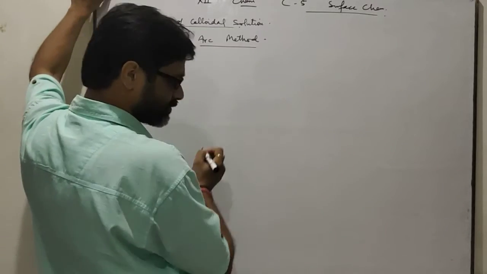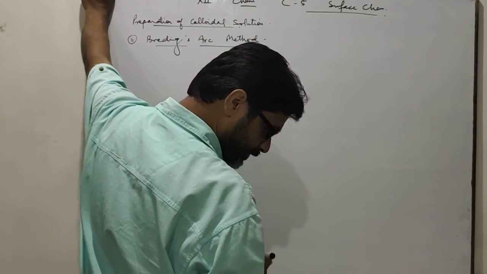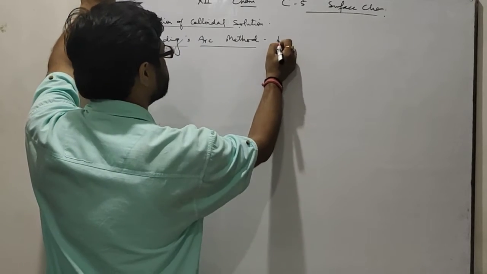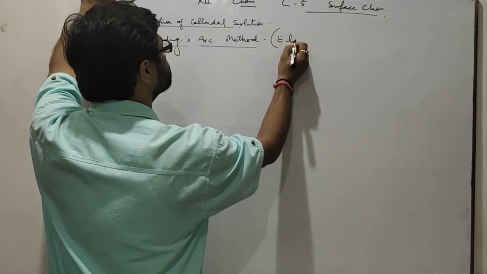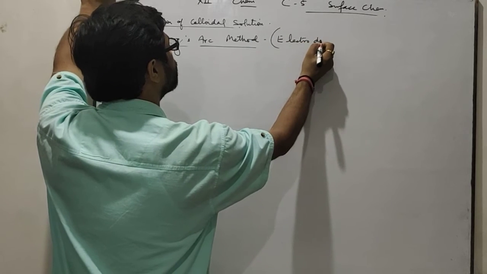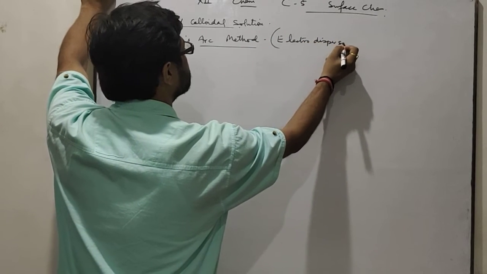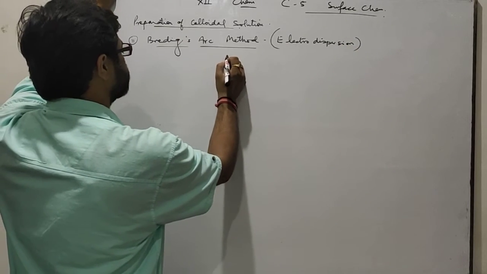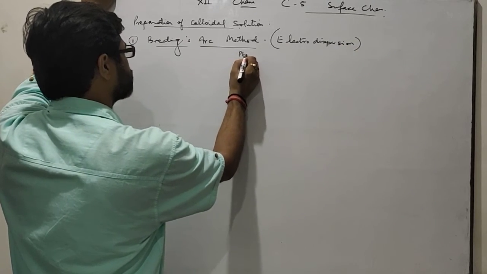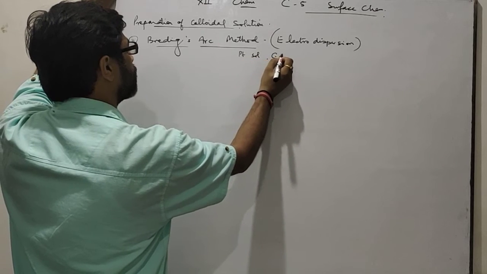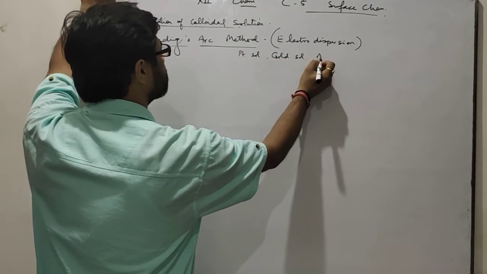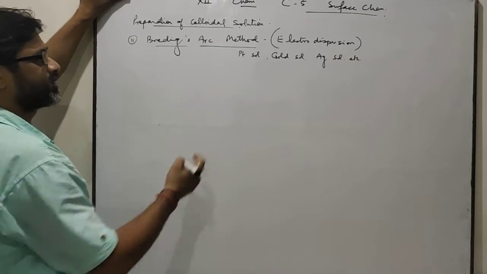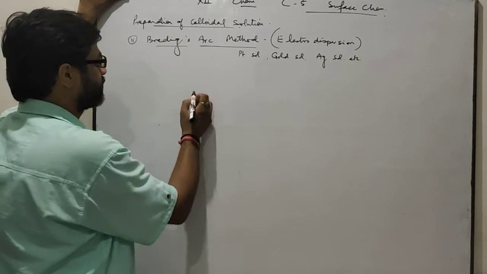This is also called electrodispersion, or electrical dispersion. This method is used for the preparation of platinum sol, gold sol, silver sol, etc. These various metal sols can be prepared by using this method.